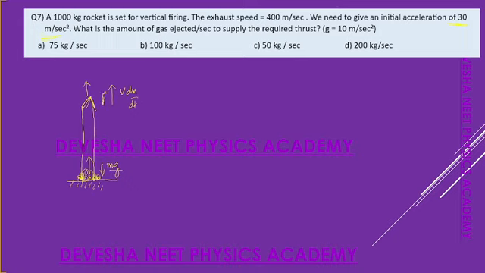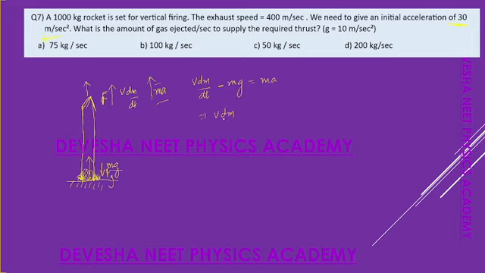The upward force, which is V dm/dt, minus the downward gravitational force, which is mg, should result in the rocket moving up at an acceleration of a, so the force is ma.